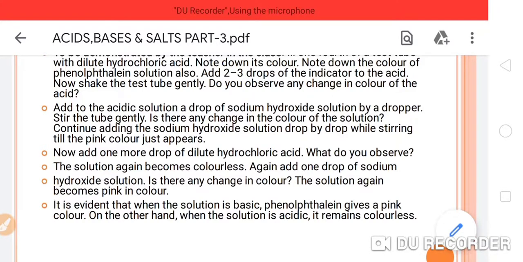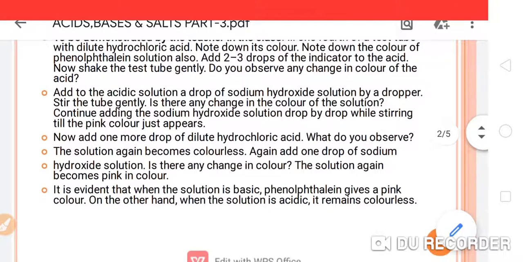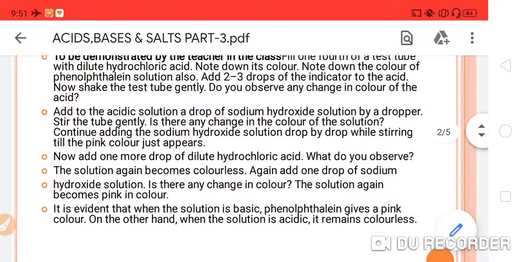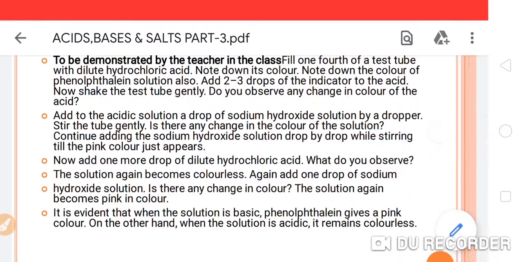No. In the first step, when you drop 2 to 3 drops of phenolphthalein into the acidic solution, it remains colorless, so after shaking there is no color change.